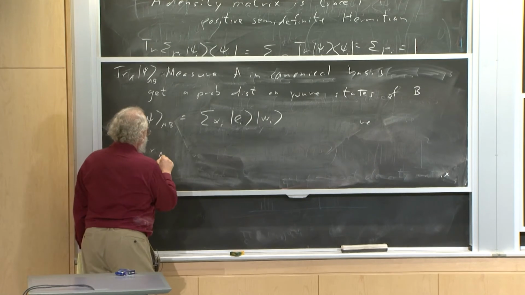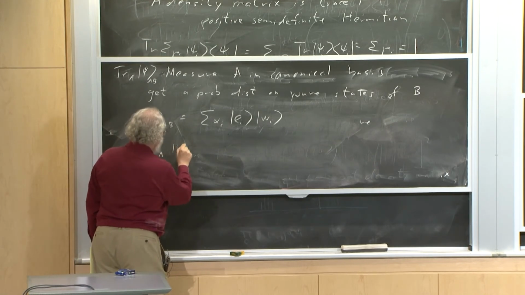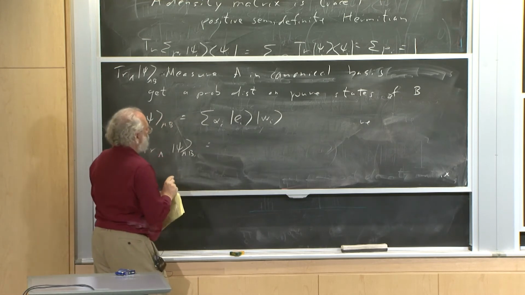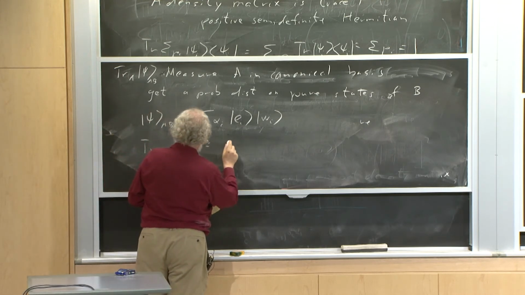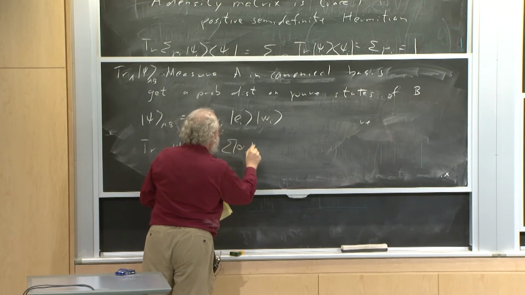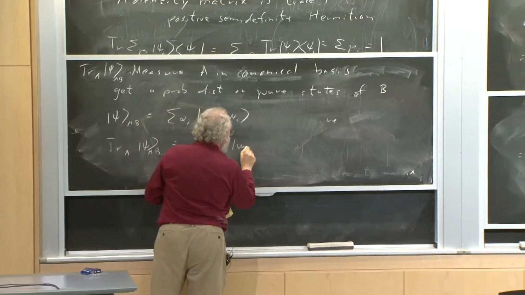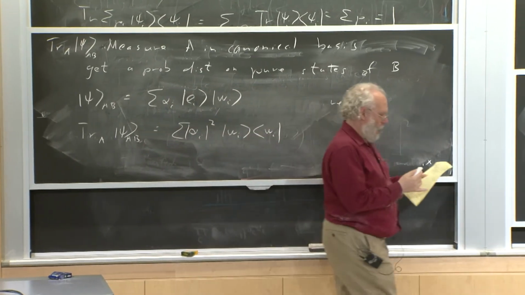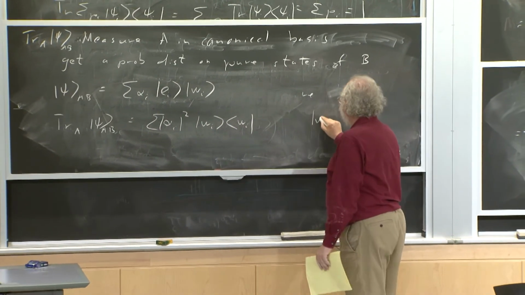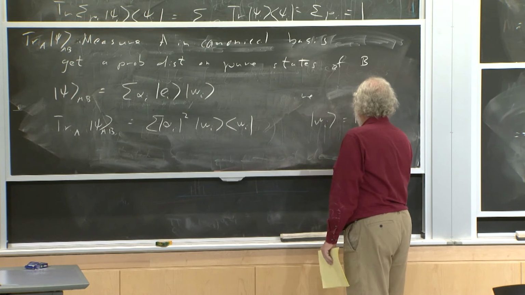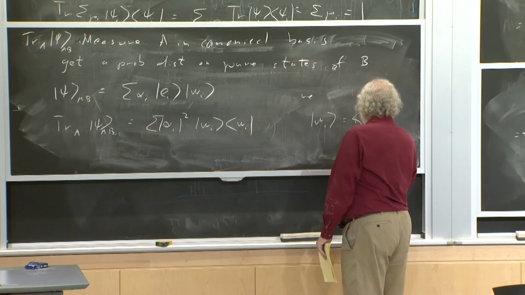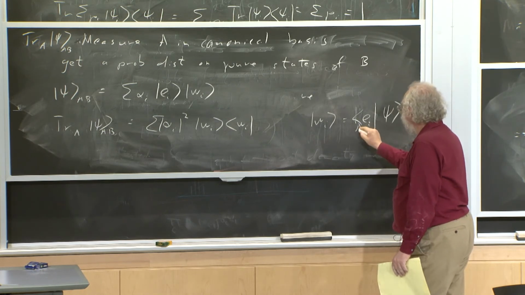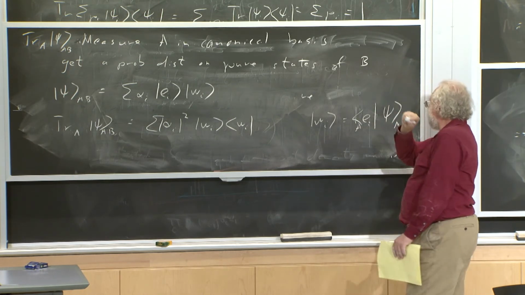So trace A on psi AB is equal to the sum of alpha I squared W I. And W I is equal to, well, I guess the partial inner product of E sub I on A with psi AB.